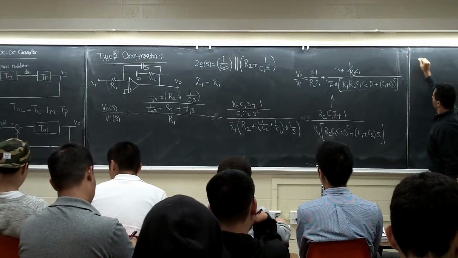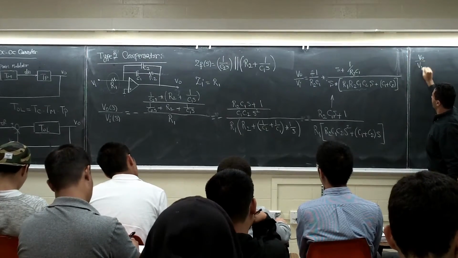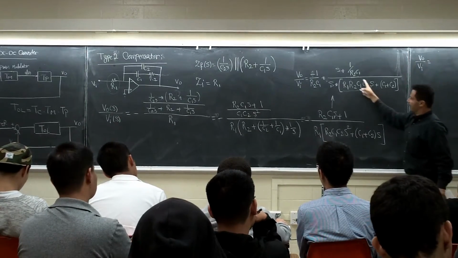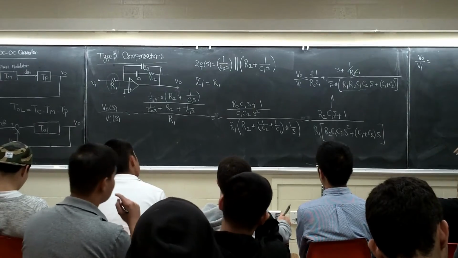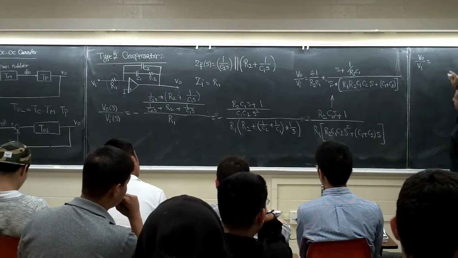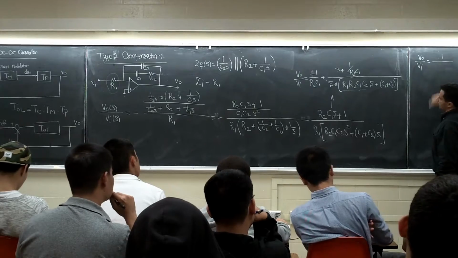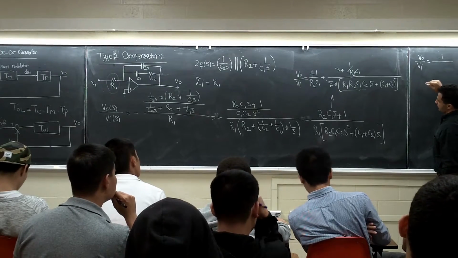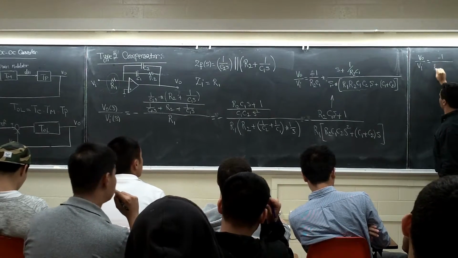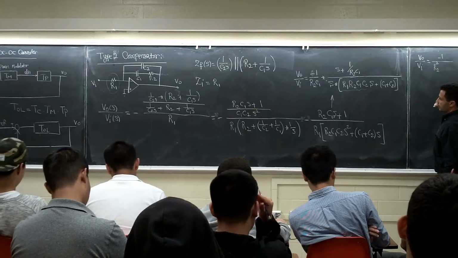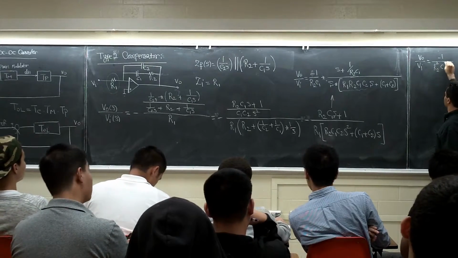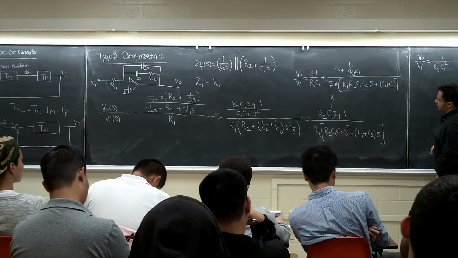so VO over VI is going to be, I should factor this one, right? How much is it going to be? It's going to be R2 squared C1 squared, right?